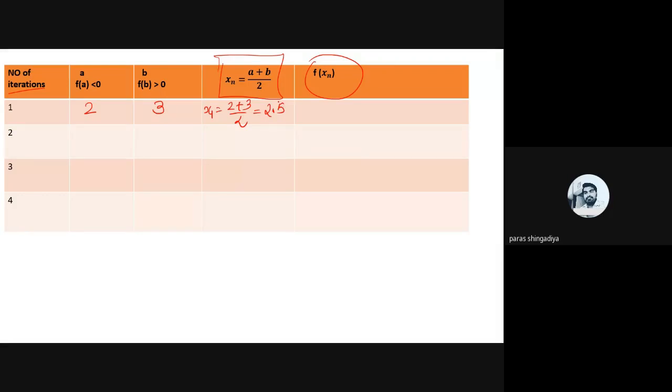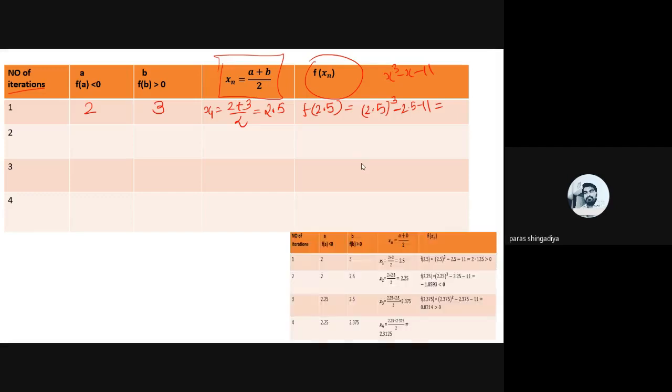2.5. Clear? And now in the next step, check the function output, meaning replace x with 2.5. We have the function x cubed minus x minus 11. This is our function. So replace x with 2.5: 2.5 cubed minus 2.5 minus 11. So now you have the calculator. Check it, what is the answer? Just use the simple calculator and type the data: 2.5 cubed minus 2.5 minus 11.